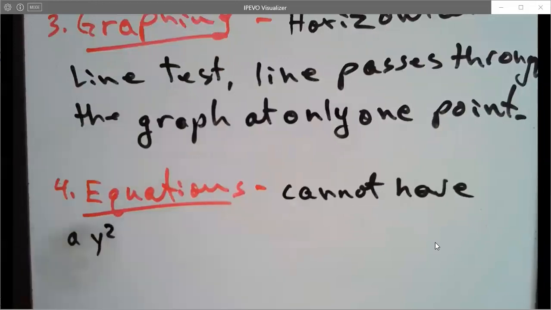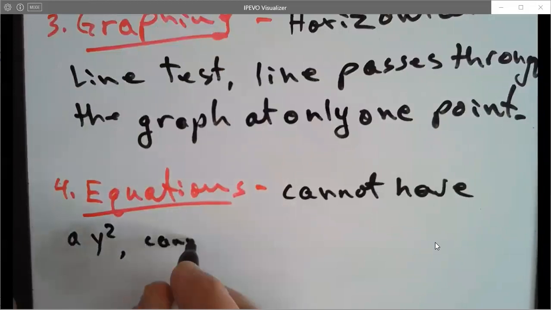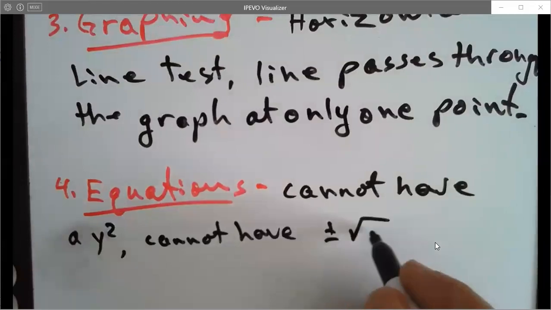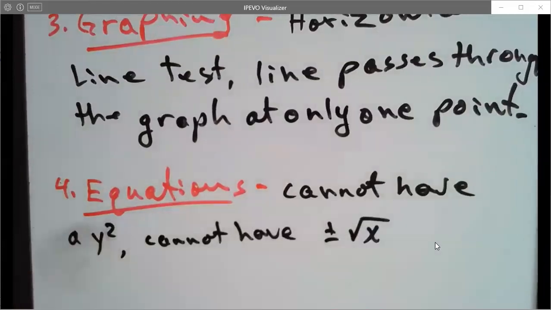Cannot have a plus or minus radical expression, because that's basically the same thing as y squared if you were to solve for it. Anything else that we're looking at can be a function. It can be 1-to-1.